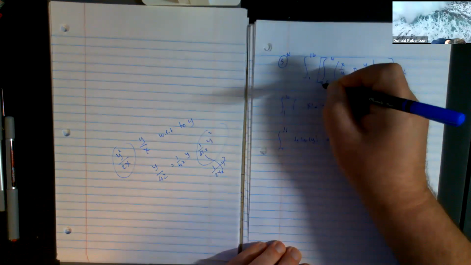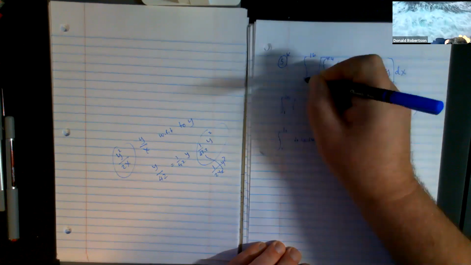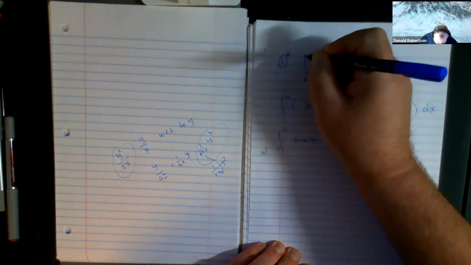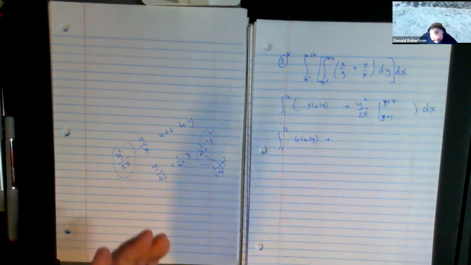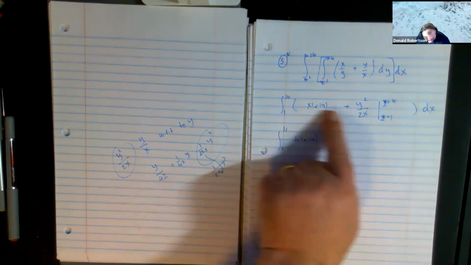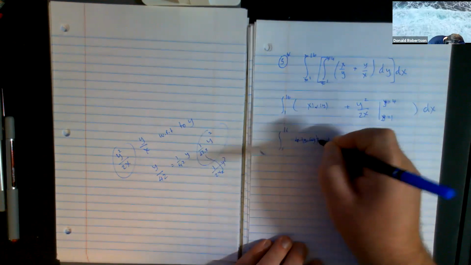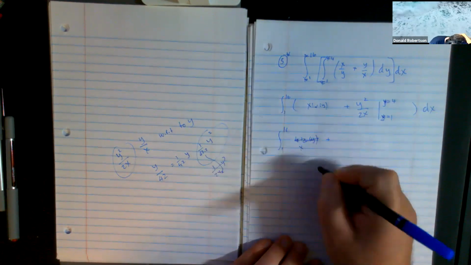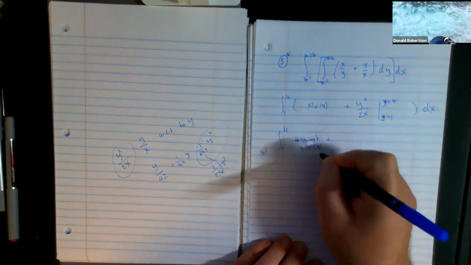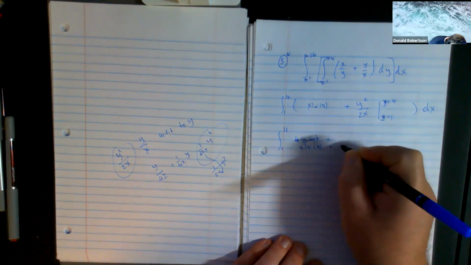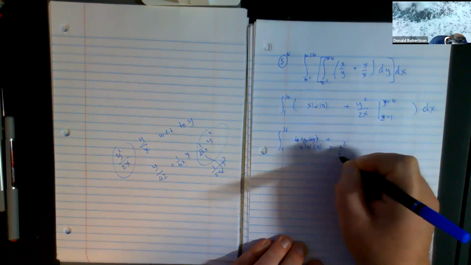You know my little trick where you label the limits of integration. I would be less likely to have made that mistake if I'd said y equals 1 to 4. My brain would have kept the 1s and 4s. So thanks for catching that. It's going to be x times log 4 plus 4 squared over 2x.